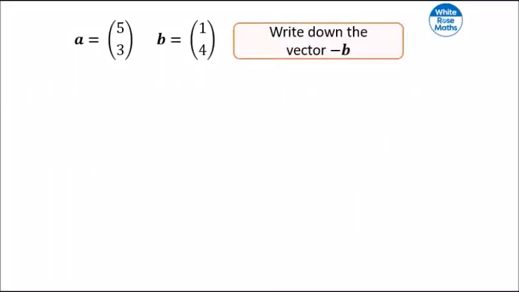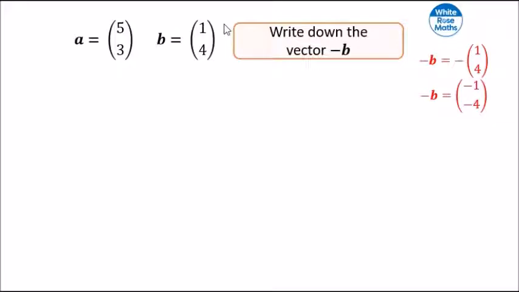So when it comes to subtracting vectors, let's think about what the vector minus b would look like. If b is 1, 4, that means 1 right and 4 up, then minus b is the opposite of b. Minus b is the vector minus 1, minus 4.